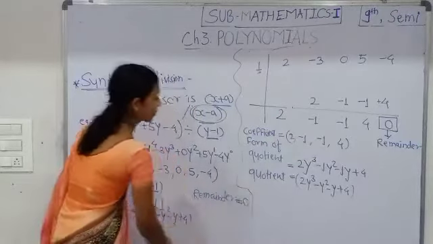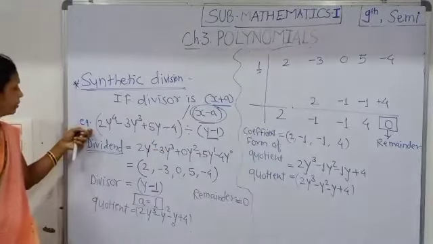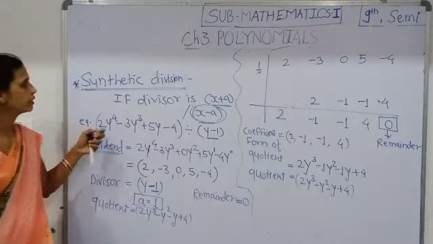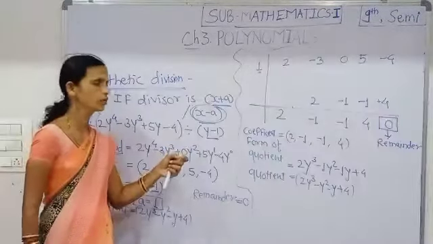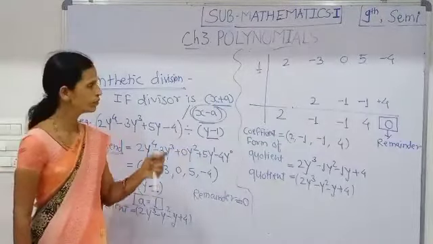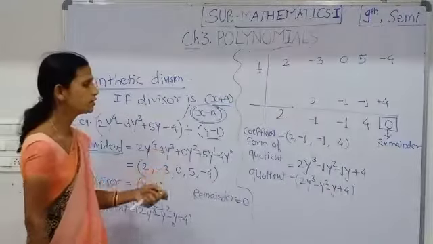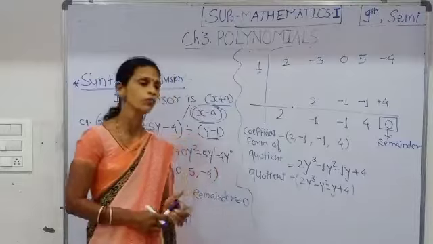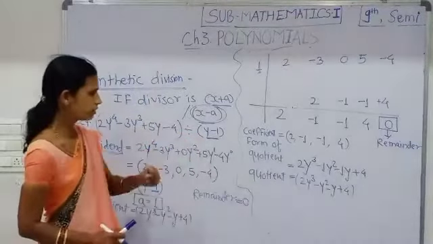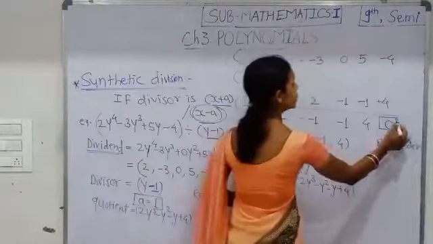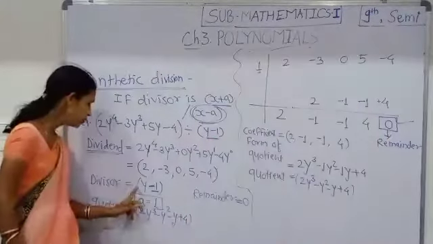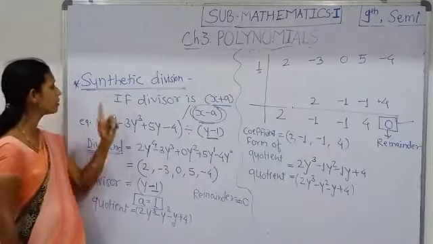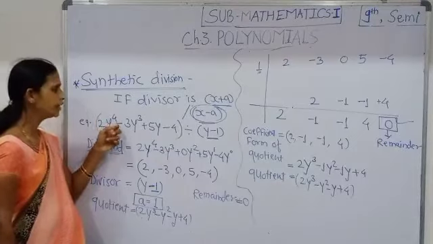That is the synthetic division method of division of polynomials. That is one of the simplest methods of division of polynomials. And see here, if the remainder is 0, then the divisor is a factor of that dividend.